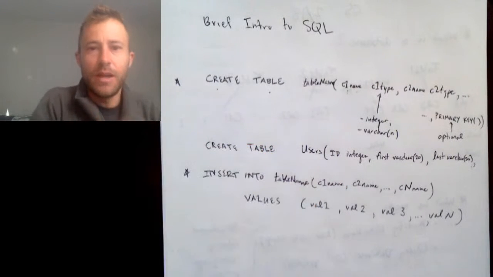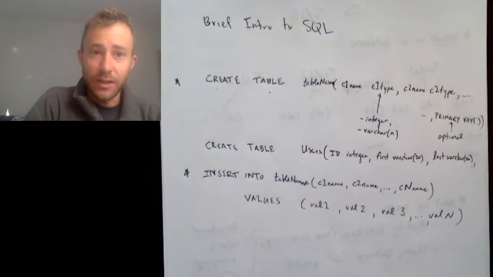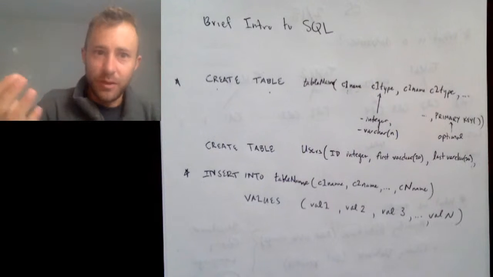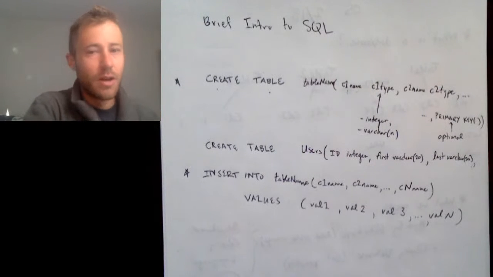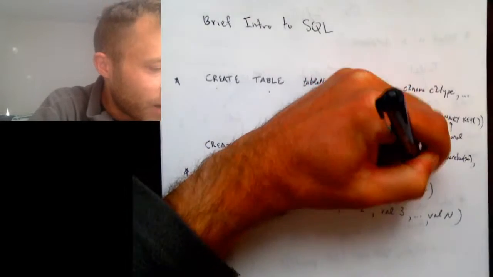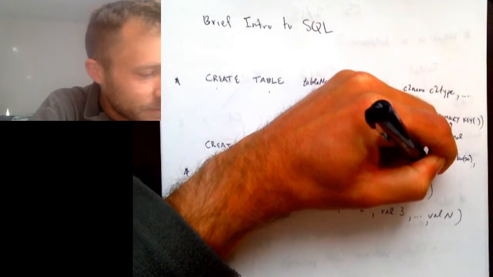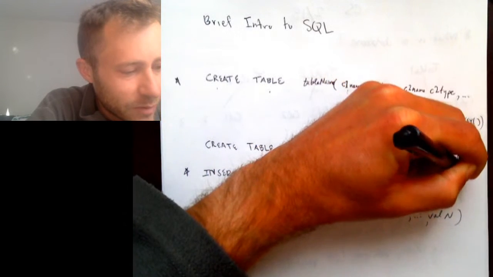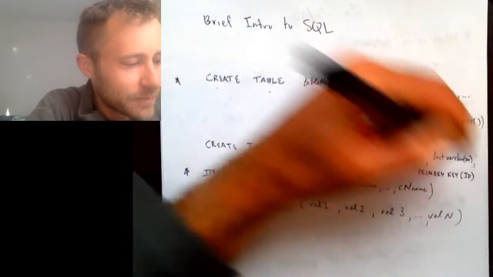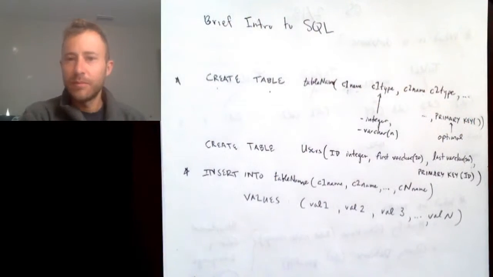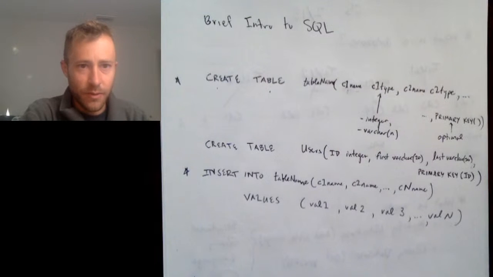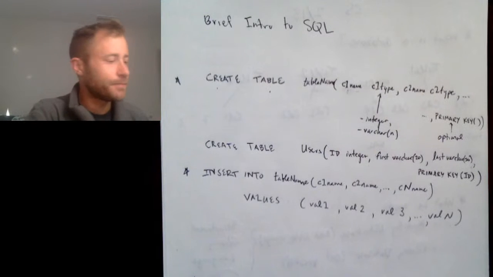So every user has a distinct ID number, and they must have an ID number to be part of the system, for example. So maybe I'm going to say primary key, parentheses ID, and then I close the parentheses. So that's saying that each row of the users table must have an ID and it must be unique.